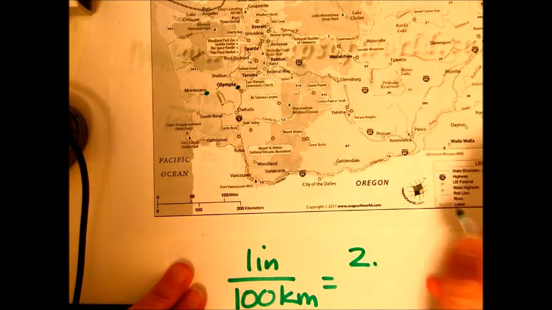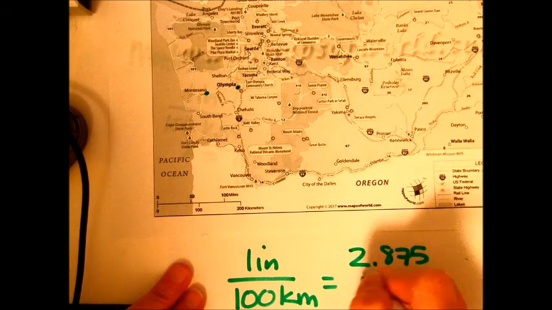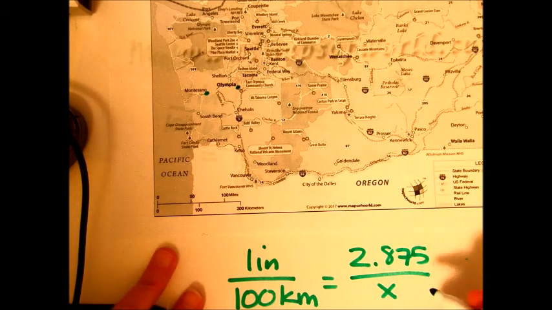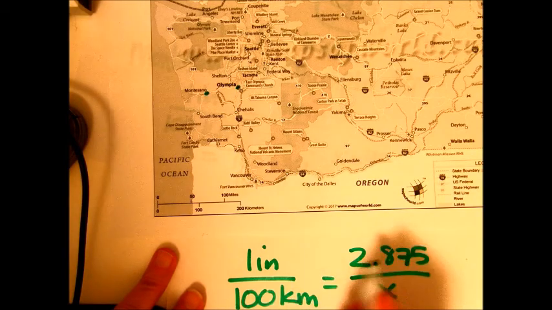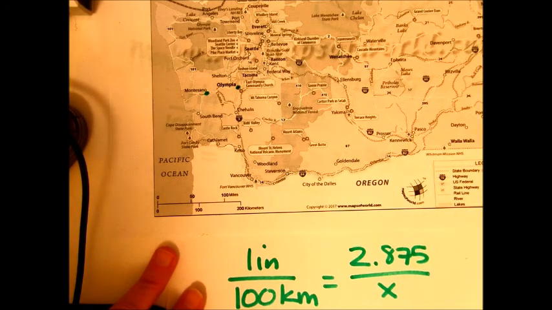If you know what the decimal is, it's going to be 2.875 over, I don't know how many kilometers that is. I have a feeling it's going to be more than 200 because 1 inch is 100, 2 inches is 200, and it's not quite 3, so it would be under 300 kilometers. But let's go ahead and figure it out exactly.